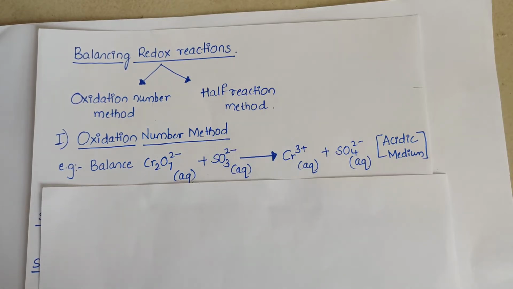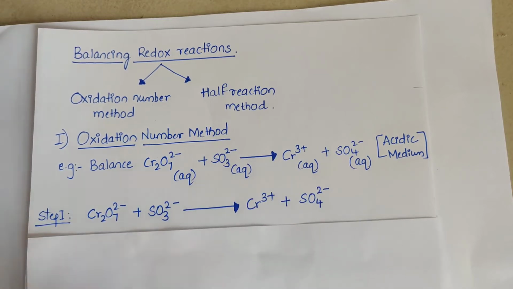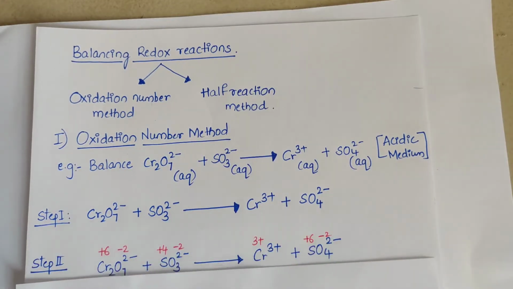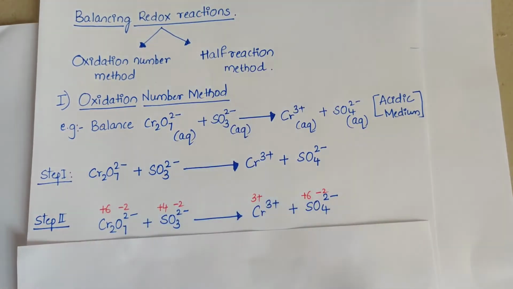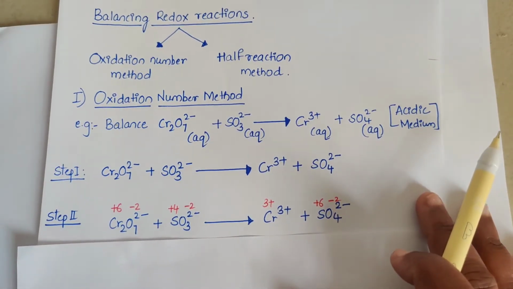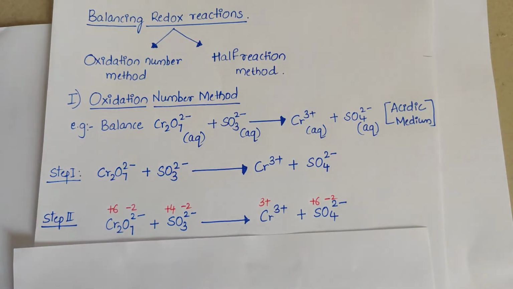The first step is to write the reaction as it is, copying it down first. In the second step, you write the oxidation states of each and every element. We know how to find the oxidation state of each element, which we have discussed.